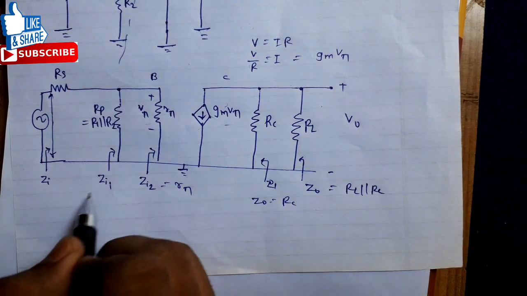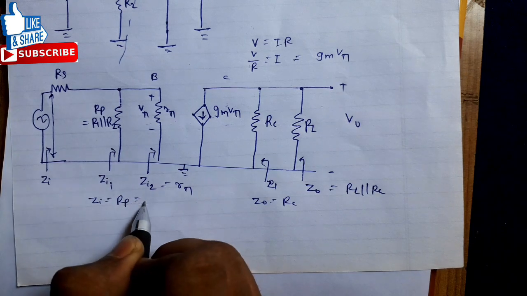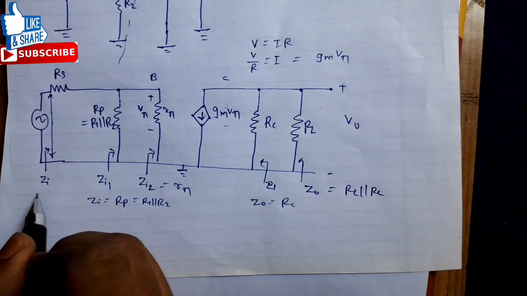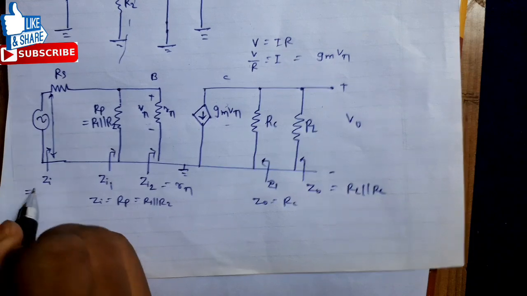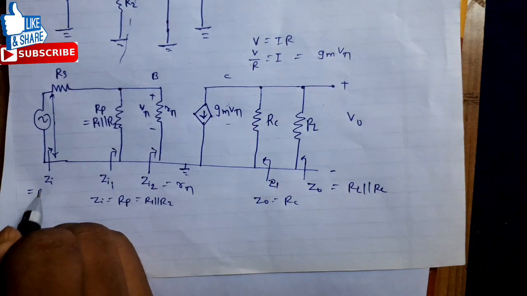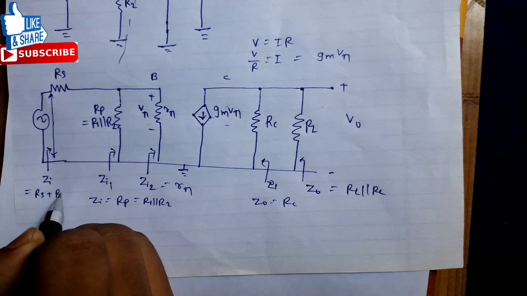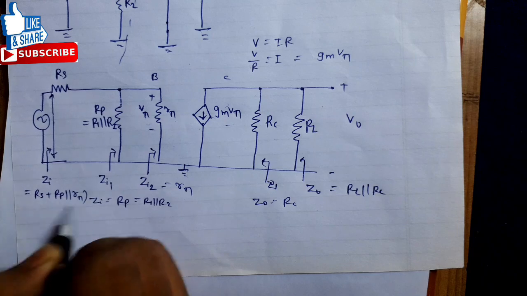Zi1 is Rp, which is nothing but R1 parallel R2, and Zi, the whole impedance, equals Rs plus Rp parallel R pi.